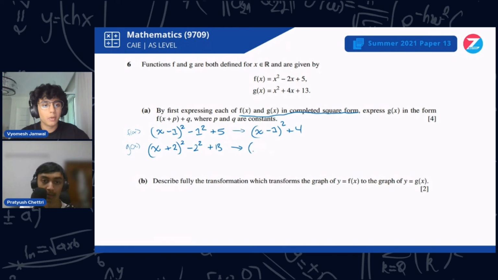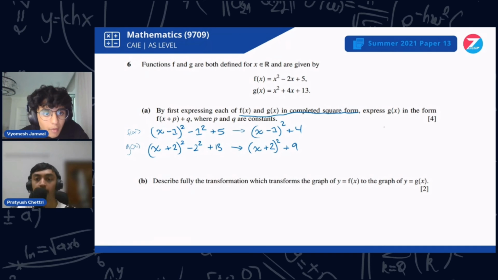Now simplifying that would give us x plus 2 squared plus 9. And now it says express g of x in the form of this. Oh, okay. So let's see. f of x. Okay, that makes sense now.